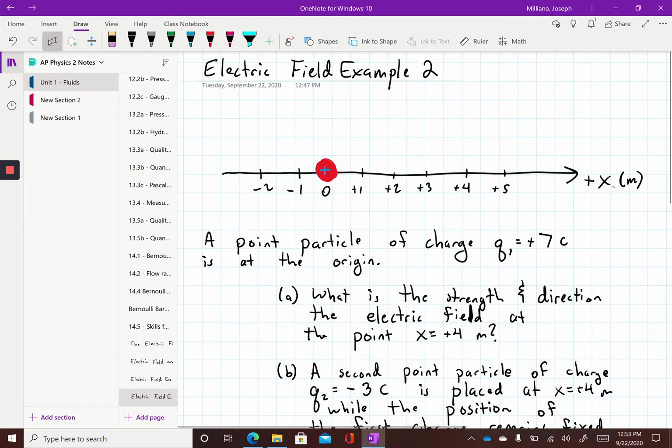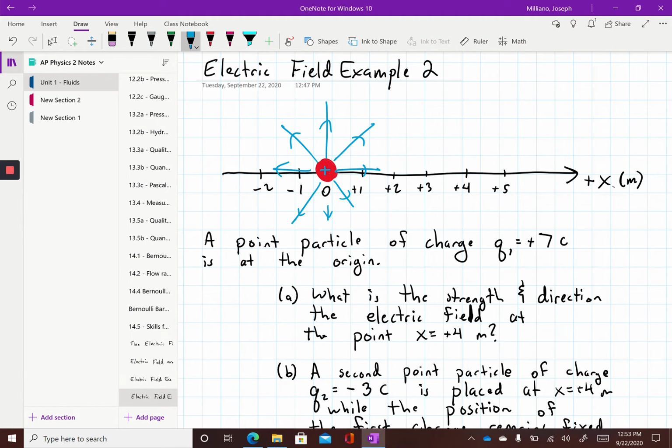So, a reminder first that the electric field around a positive point charge like this will point radially away in all directions. But we're only going to concern ourselves with the x-axis here.